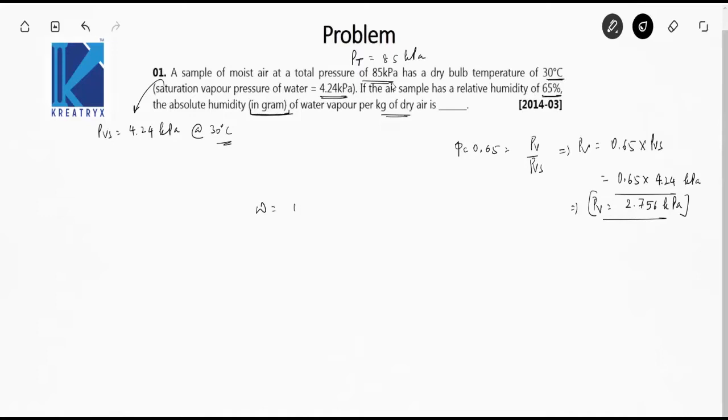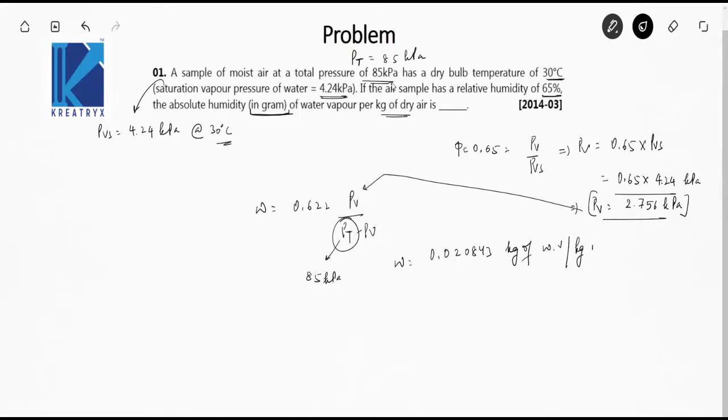Why have we found this PV? Because absolute humidity is equal to 0.622 PV upon PT minus PV. So put this PV here. PT, the total pressure, is 85 kilopascal and PV is 2.756 kilopascal, and if you put the values, omega is equal to 0.020843 kilogram of water vapor per kilogram of dry air.